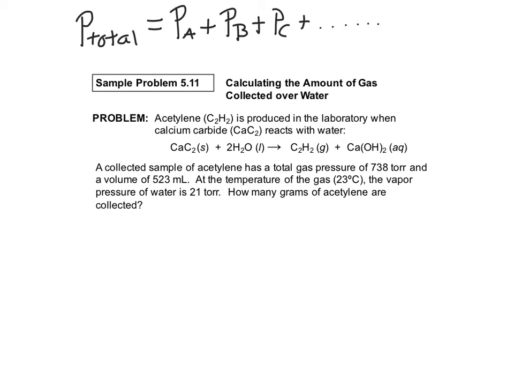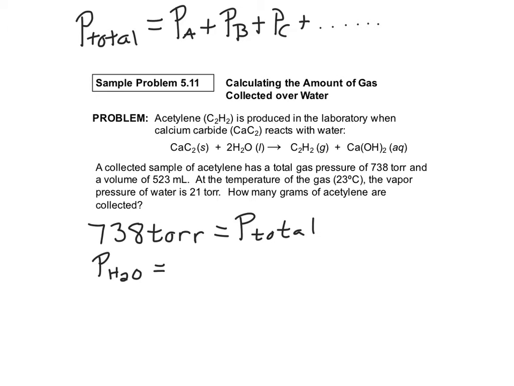Okay, so it says that the total pressure, so P total, is equal to 738 torr. Right, that's equal to P total. The partial pressure of water, so I'm going to put P H2O, is equal to, at this temperature, 21 torr.